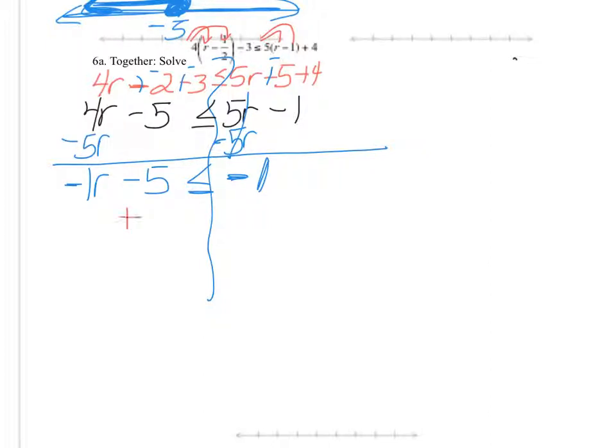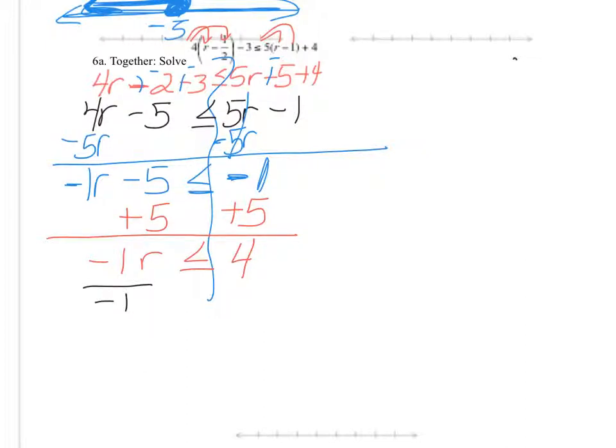And I'm going to do plus 5, negative 1r, and 4. Divide by negative 1, r, negative 4, and I divided by a negative, so I have to switch it to a greater than.